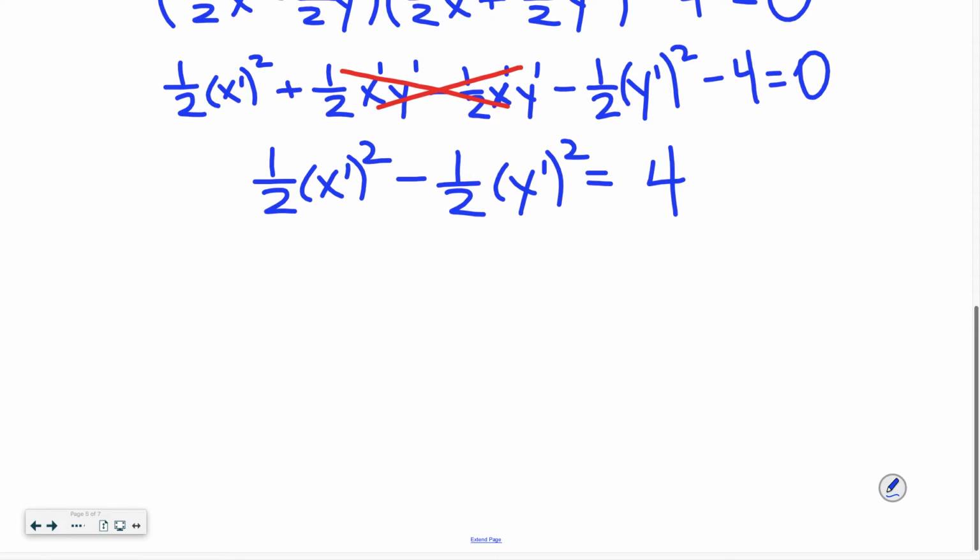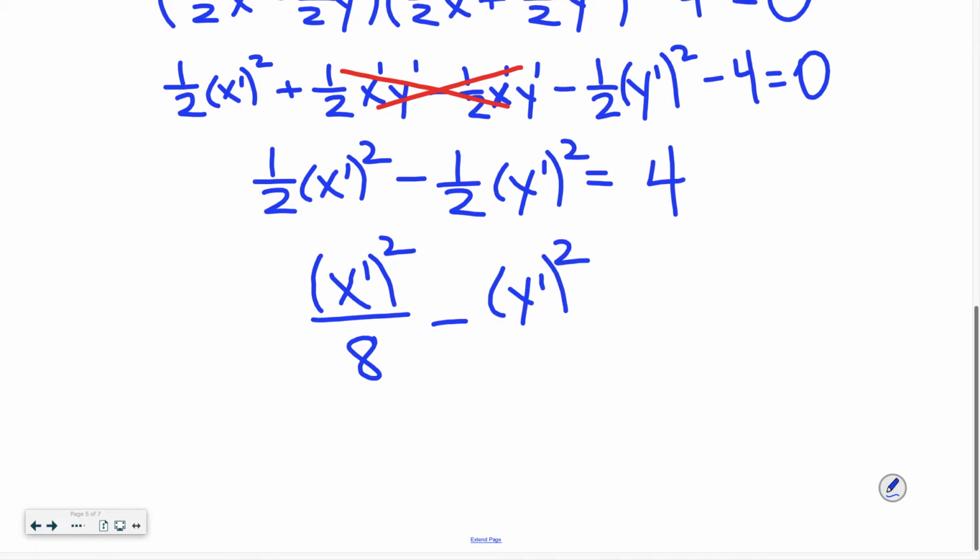If there were an x prime term, we would have to complete the square, but there's not. So all we have to do in order to make this look like a hyperbola, we got to divide by that 4. So we have x prime squared over 8 minus y prime squared over 8 equals 1.